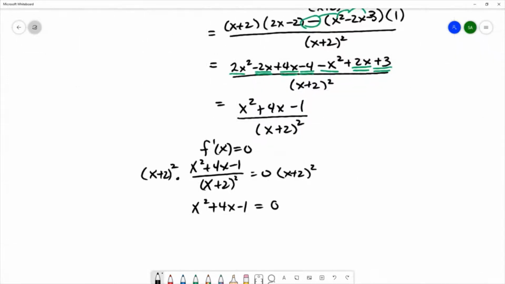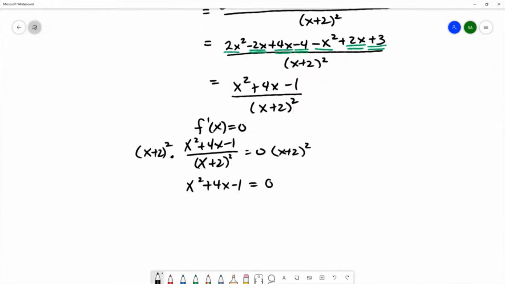This is a quadratic equation. You can try solving it by factoring, but I don't believe this factors. So I'm going to solve with the quadratic formula. For my quadratic formula, I need the coefficients a of 1, b of 4, and c of negative 1.